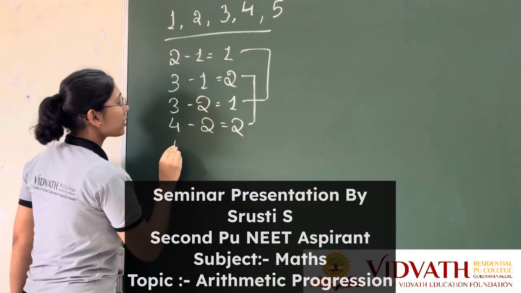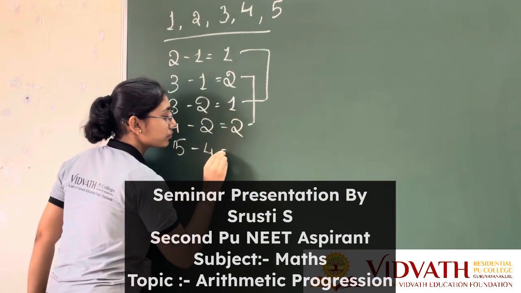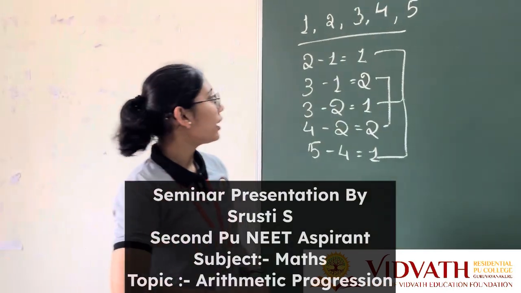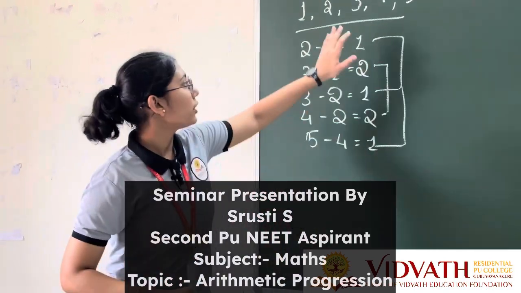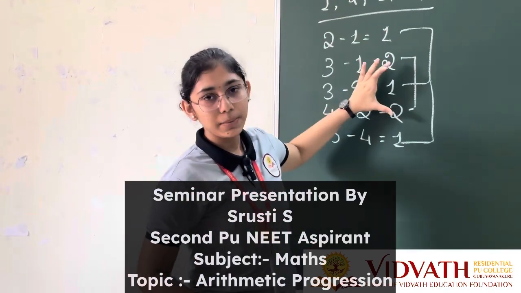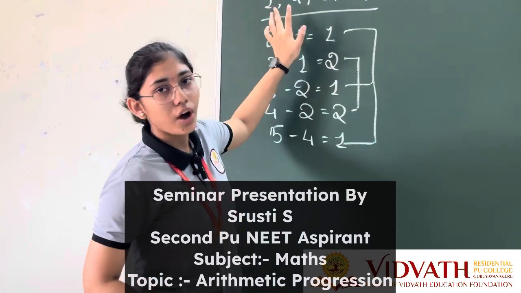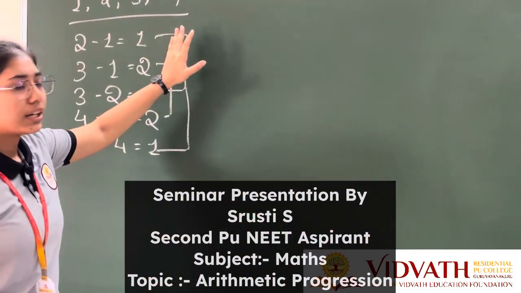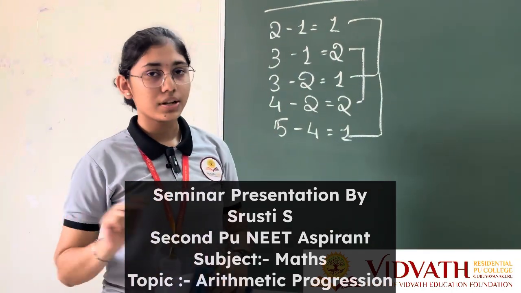Then 5 minus 4. If we leave a term and count the difference between them, we will get the same difference. And if we take any two consecutive terms, we are going to get the difference as constant.